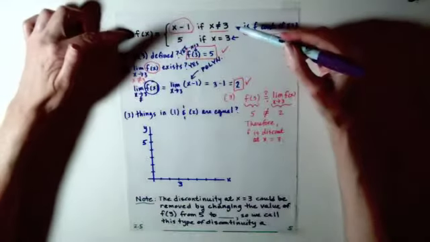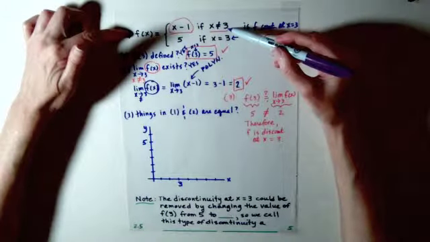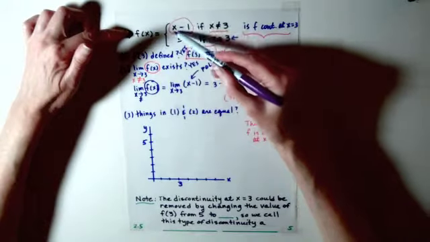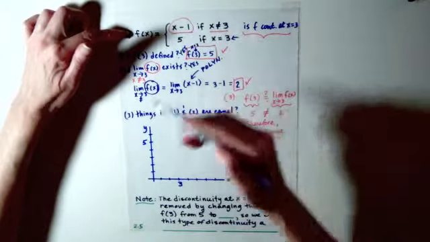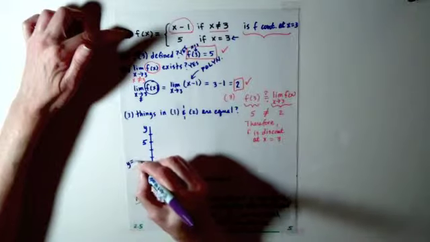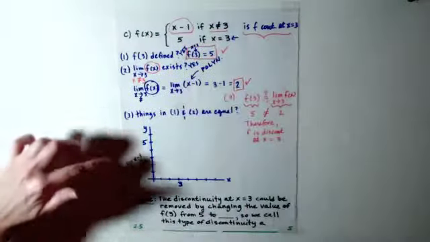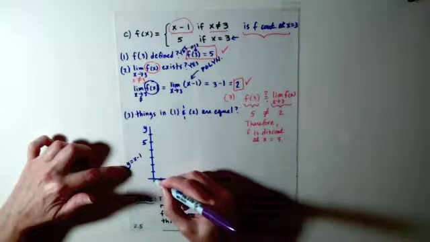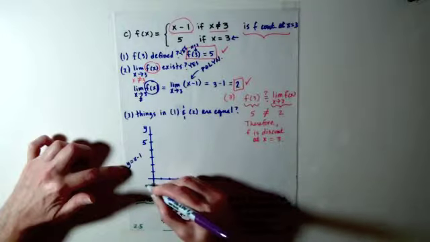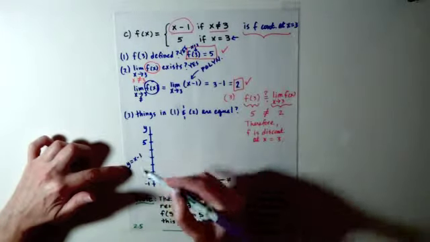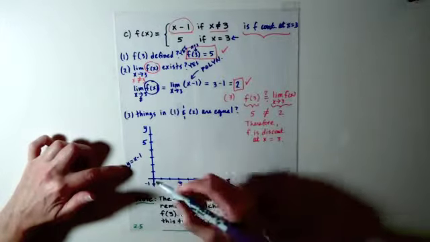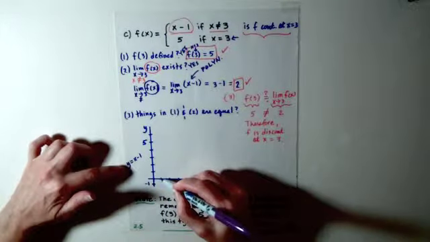And to graph this function, notice that whenever x is not equal to 3, I would be graphing f of x equals x minus 1. I'm using the top rule. And if you think about f of x, same thing as y, equal to x minus 1, that would be the graph of a straight line that crosses the y-axis, has a y-intercept of -1, and has a slope of 1, or 1 over 1, so I go up 1 and over 1.